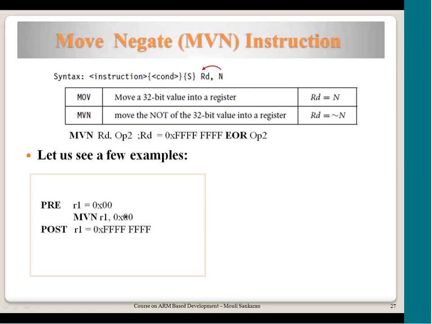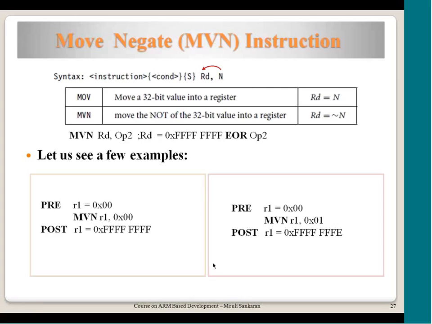The barrel shifter, because one of the operands can come through the barrel shifter, so it gets changed, and then that value goes into R1. Now another example, suppose you have MVN with an immediate value 0x01 going into R1. When it is toggled, the LSB bit will become 0. That's why you get an E here, 1110, and then the rest of them will be 1.